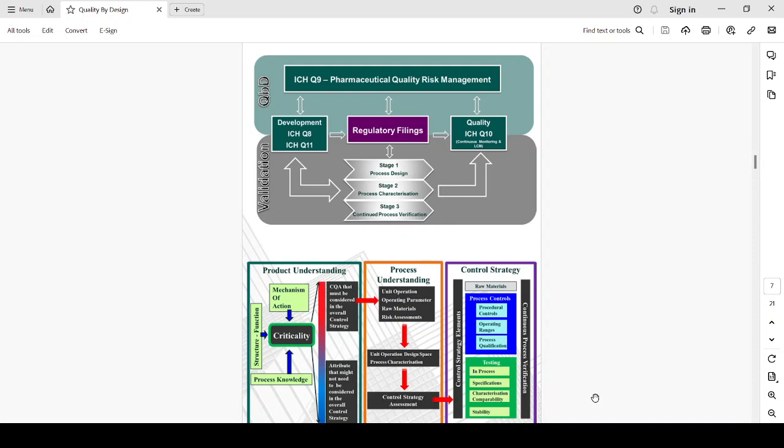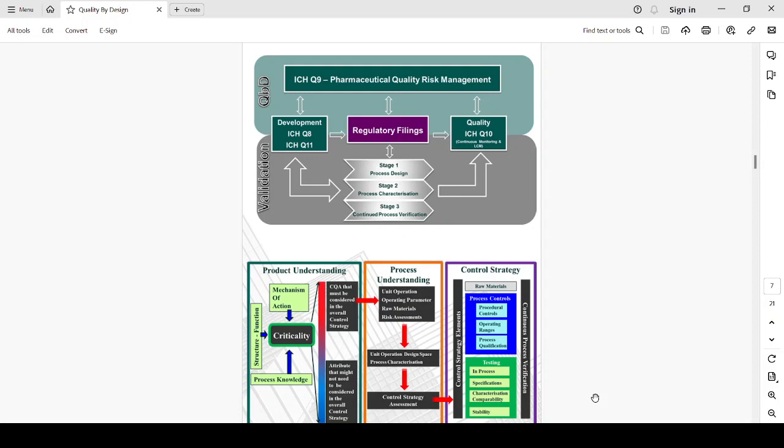Stage 2 explains the process characterization, and stage 3 is continuous process verification. So it's interconnected with ICH Q8 and Q11, and it's also directly linked with ICH Q10, which is on continuous monitoring.